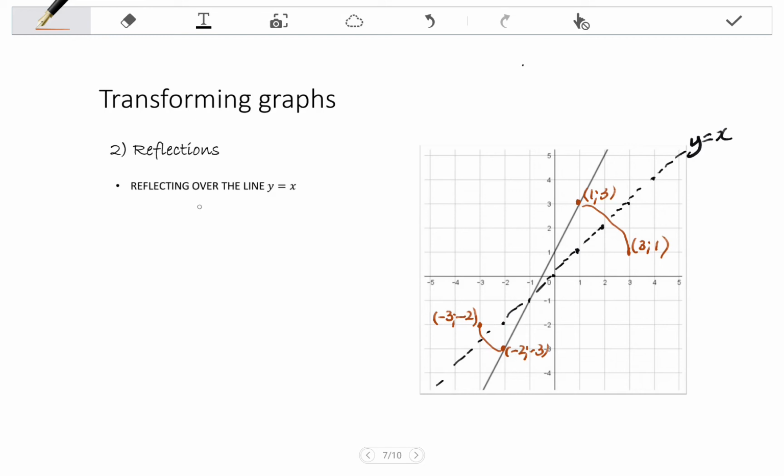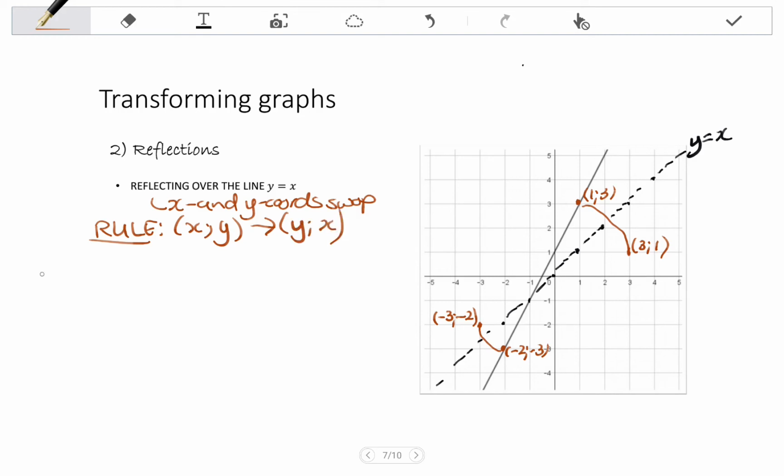So when I reflect over the line y equals x, the x and y coordinates swap. Okay, so if I were to write this as a rule, x, y goes to, swap the x and the y, goes to y, x. Okay, and again, you must be able to find the equation of the reflected graph.